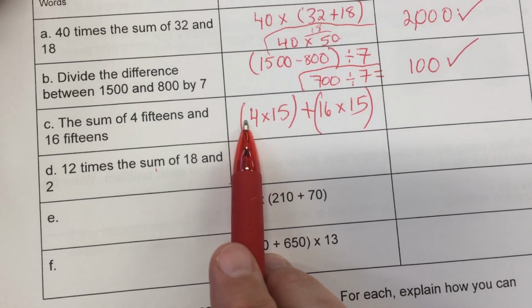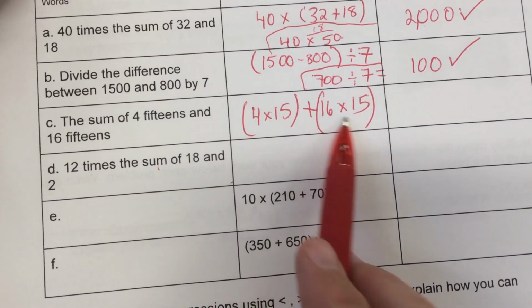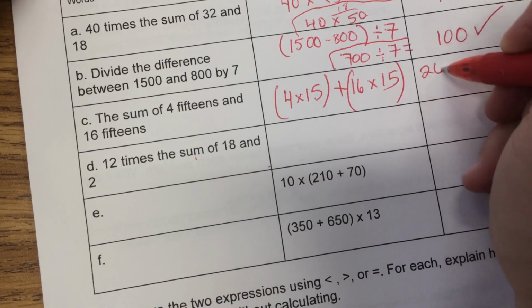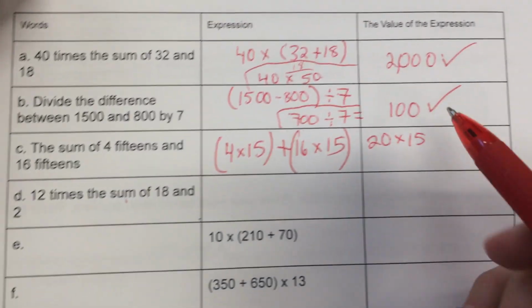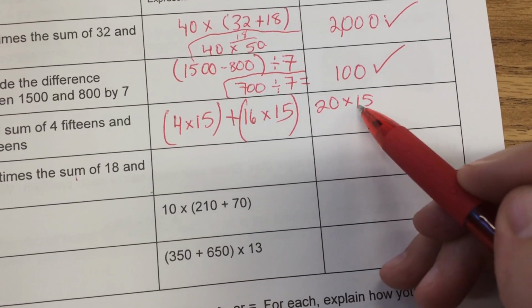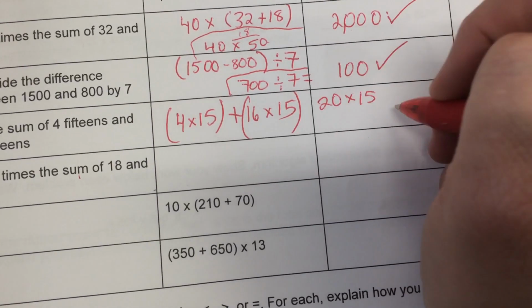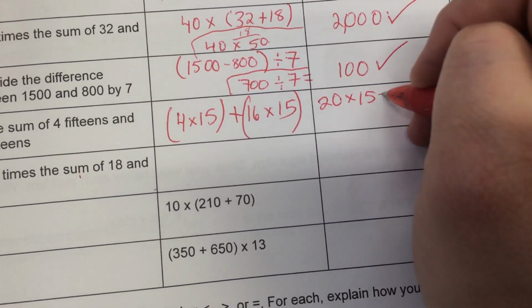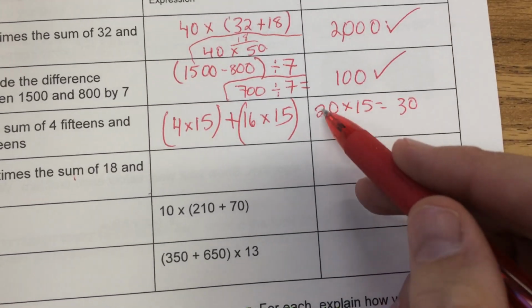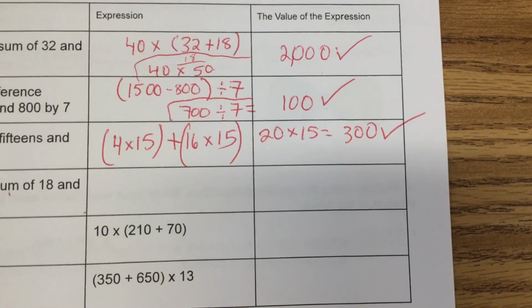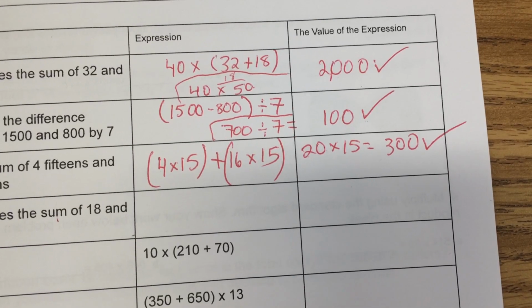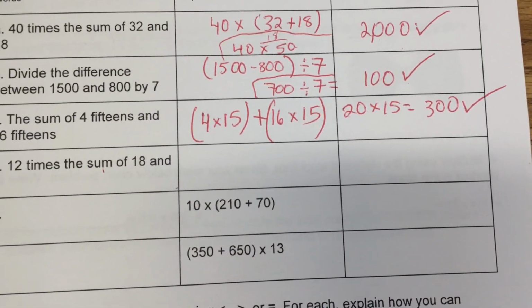Well, 4 groups of 15 plus 16 groups of 15 is 20 groups of 15. 2 times 15 is like 15 minutes times 2 is 30 minutes, but there's a 0 here, so the answer is 300. I don't need to use the standard algorithm so far.